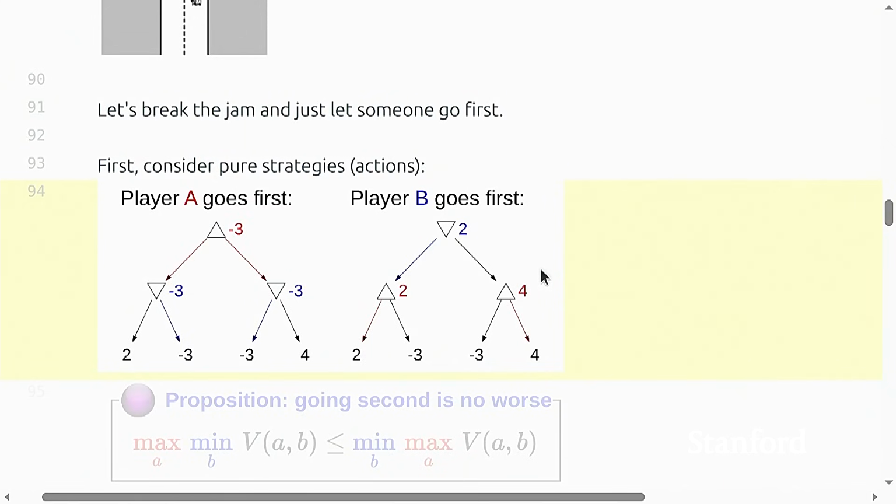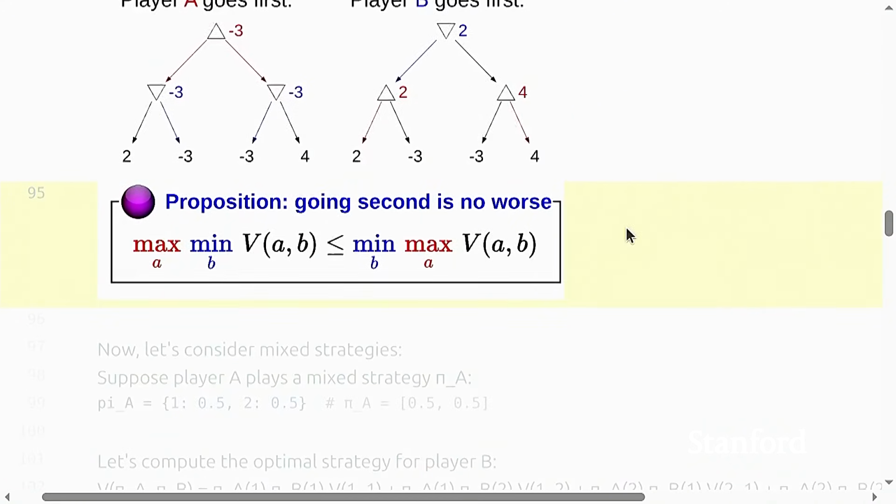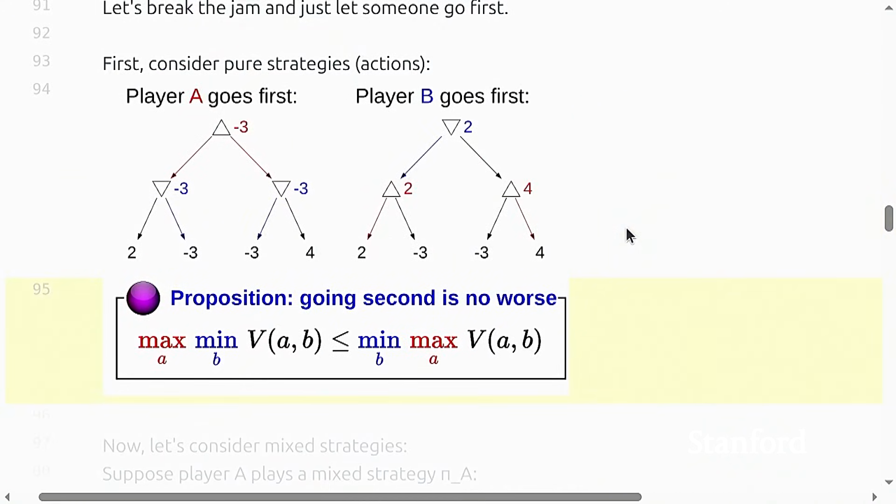But this process hopefully gives us some insight, and there's something worth commenting on, which is that in this setting and in general, going second is no worse and often better. So in particular, this value is smaller or equal to this value: -3 is less than or equal to 2.